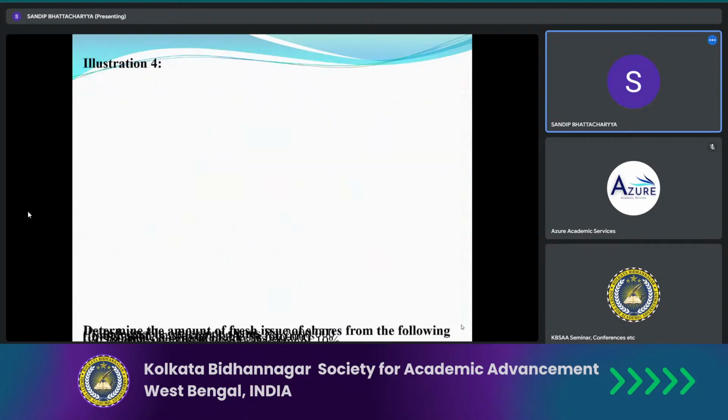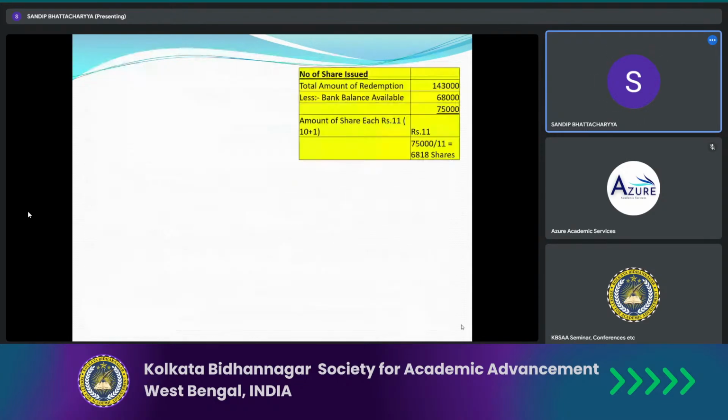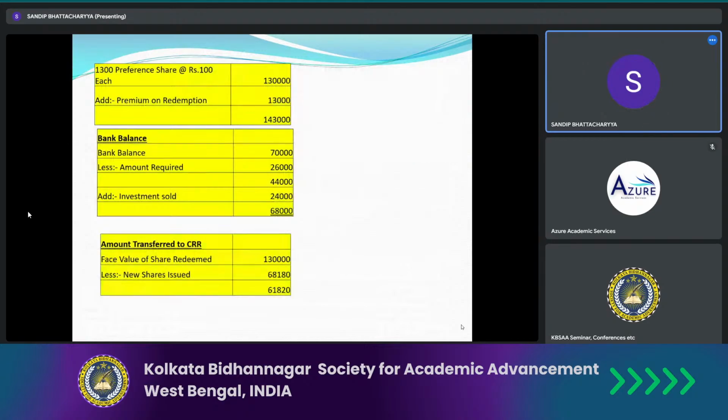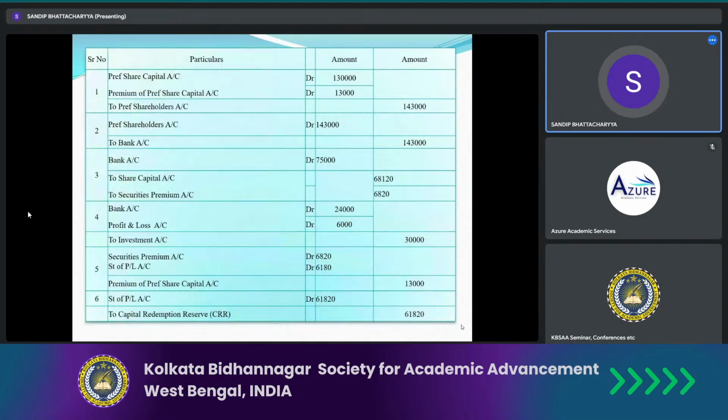One second. Yes, that is the capital redemption reserve, that is 61,820. So this 61,820, I need to fetch from the statement of profit and loss account. So the statement of profit and loss account debit to capital redemption reserve account, 61,820.